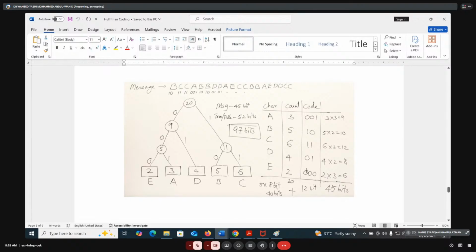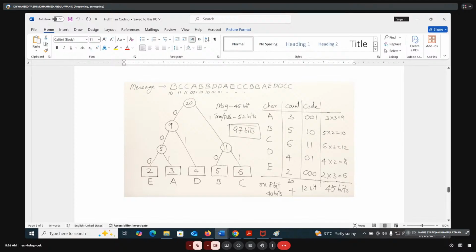The code is 12. How many bits do I have? 5 letters, ASCII code 5 multiply 8, 40, and the coding here is 12. So it will be 52. 52 plus 45 is 97. So this is the 97.